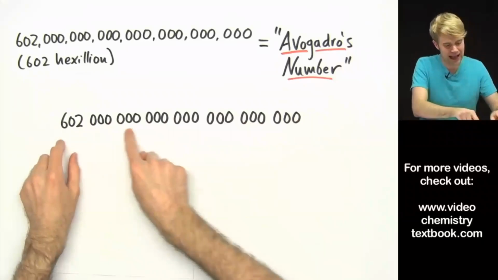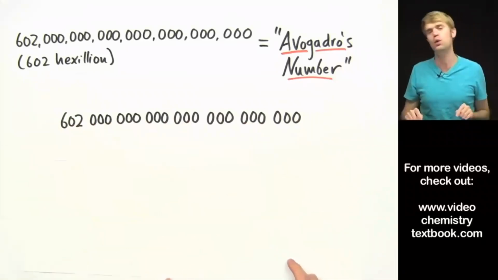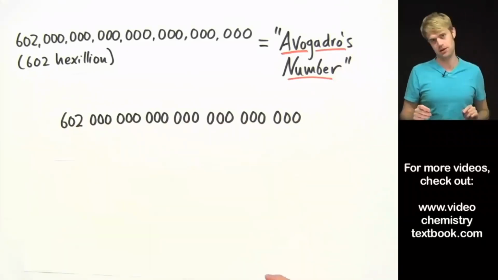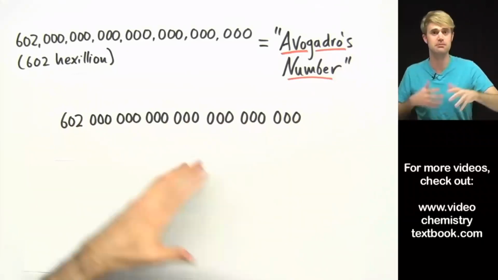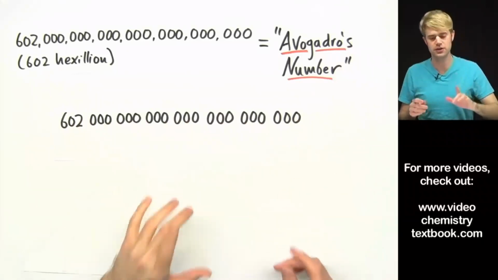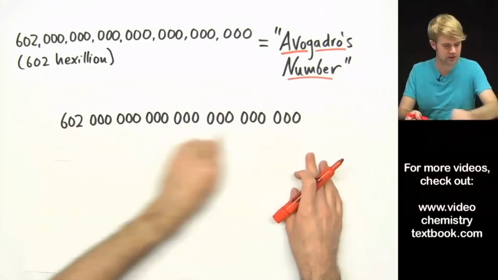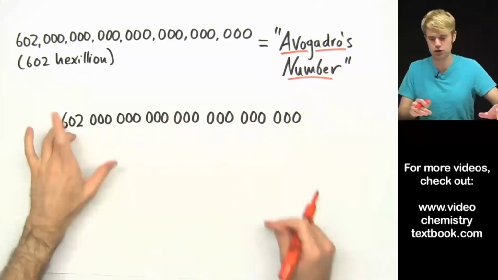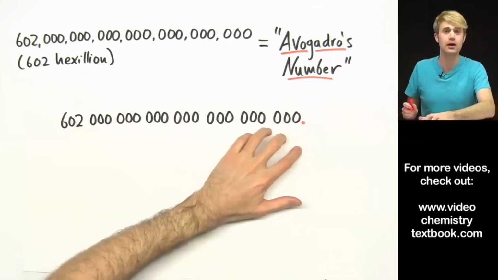So instead of writing out 602 hexillion with all these zeros every time we want to talk about moles, we tend to abbreviate this number. Now, as you may know, when we abbreviate numbers in math and science, we usually use a technique called scientific notation. And here's how we would abbreviate this number using scientific notation. Okay, I've got this big number, 602 hexillion. I find out where the decimal place would be. It would be right here.